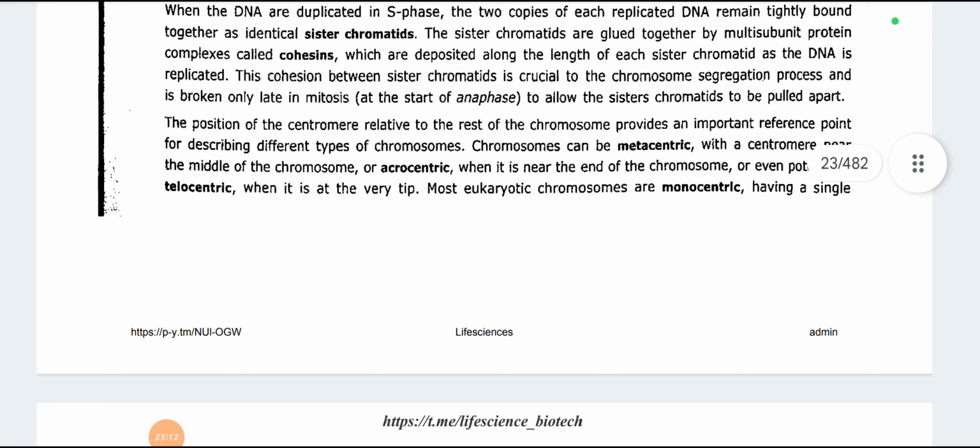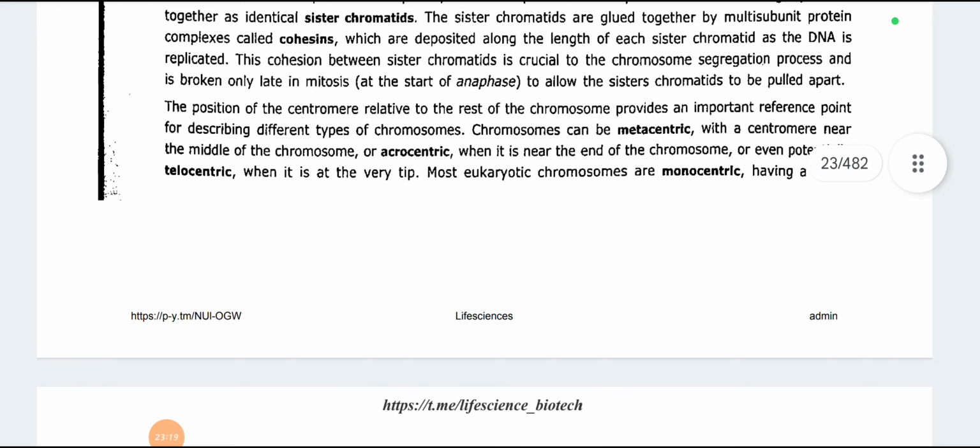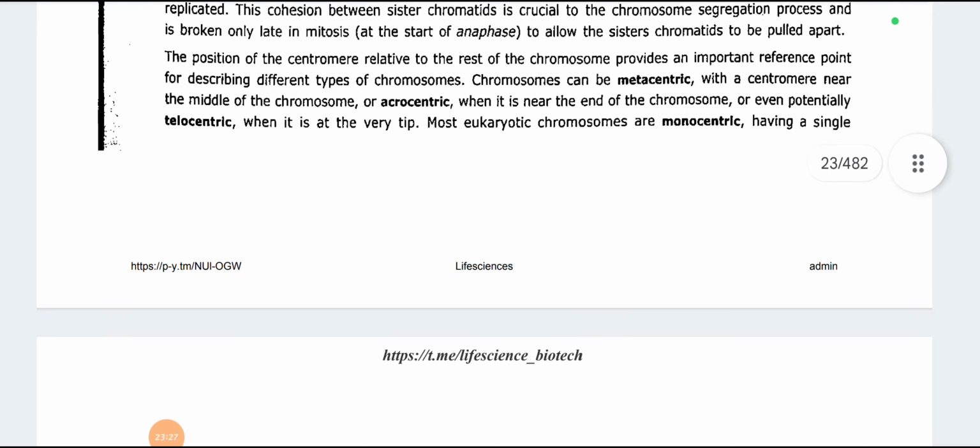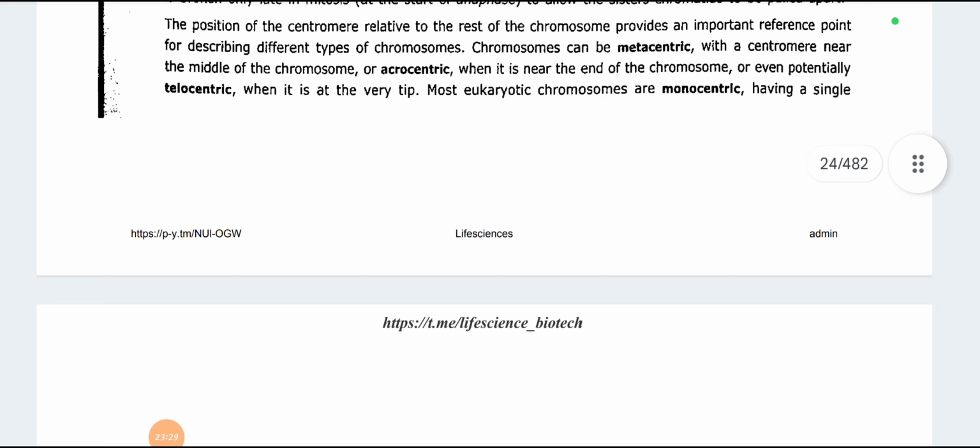So sister chromatids are glued together by the multi-subunit protein cohesin, which is broken down in early anaphase and late mitosis.